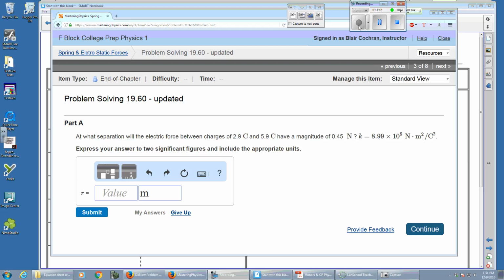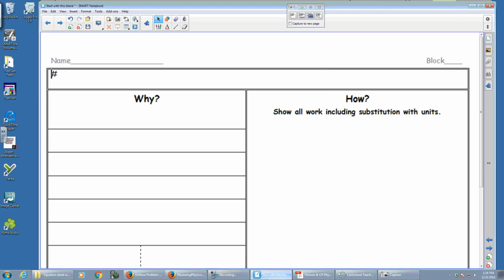Alright, looking at number 3 here. What separation of electric force between these two charges have a magnitude of this? Yep. And in fact, I'm going to write on my Y, same as which one? Number 2.